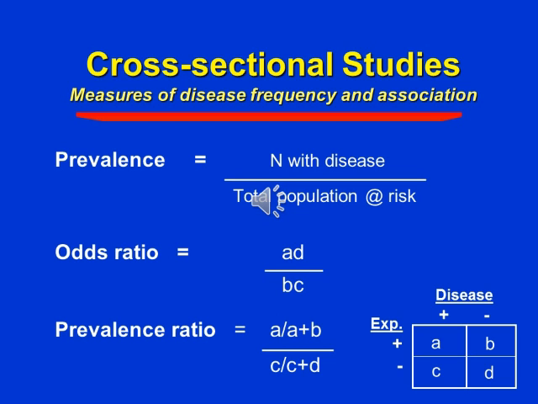Odds ratios are really only accurate when your outcome or your disease is rare or unusual, less than 10% of the population. When this is not the case, you want to calculate a prevalence ratio rather than an odds ratio, because an odds ratio will overestimate the level of risk associated with a given characteristic.